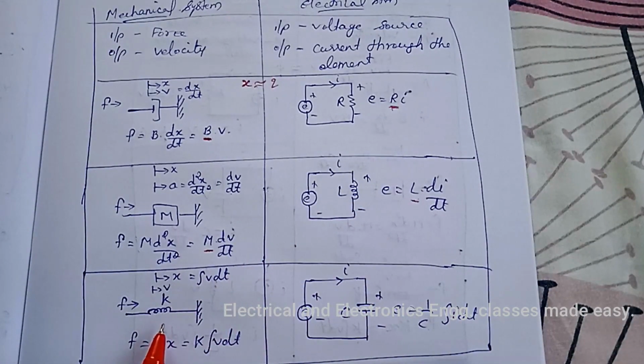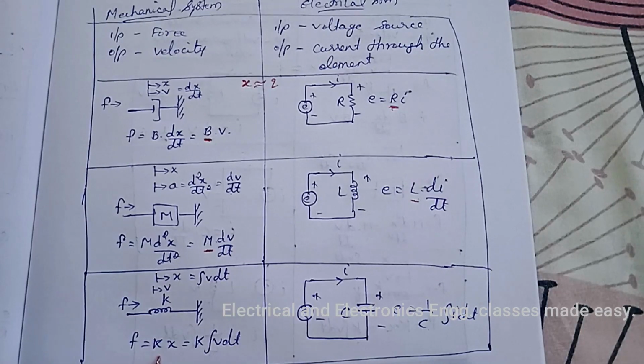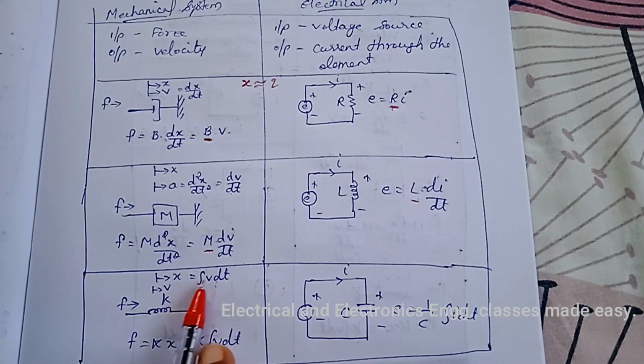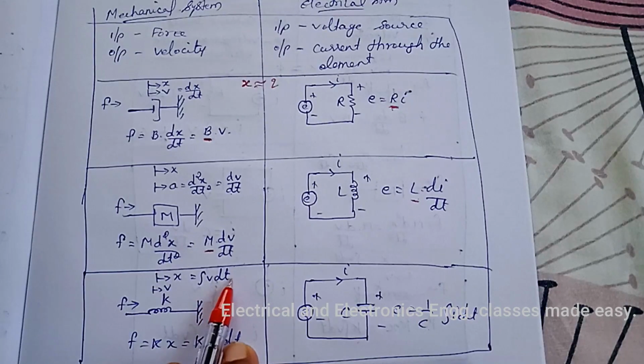And next is spring. So here F is equal to K into X, where K is the stiffness of spring, and we can write K into integral V dt. That is X is equal to integral V dt, where V is the velocity.